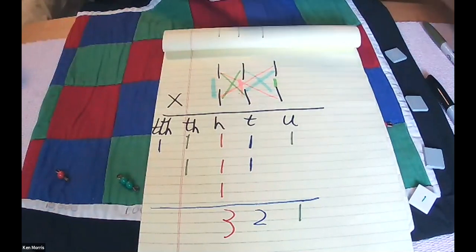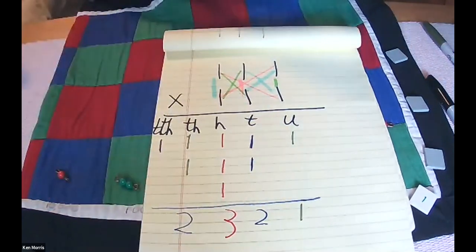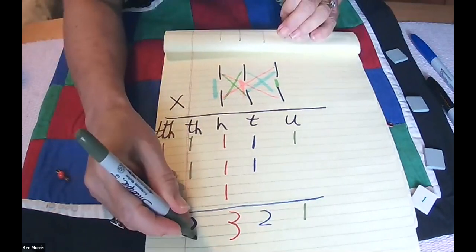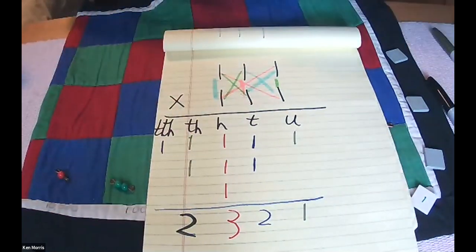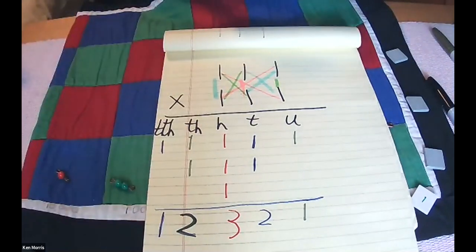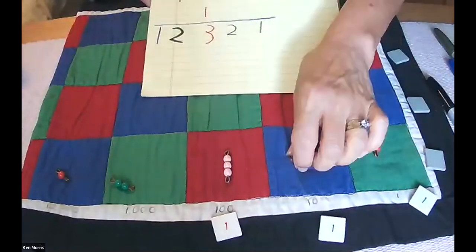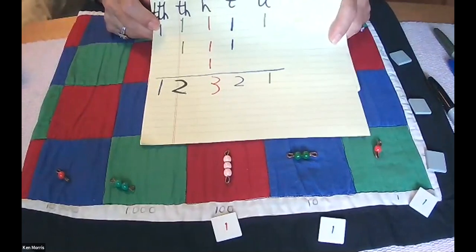Okay. And 2. That should be green, I'm sorry. This needs to be green. And the last one is blue. So there's my answer. 12,321, which is what we got right there.